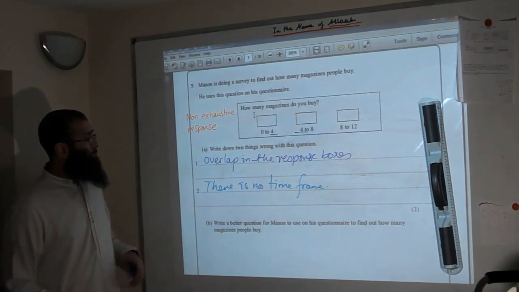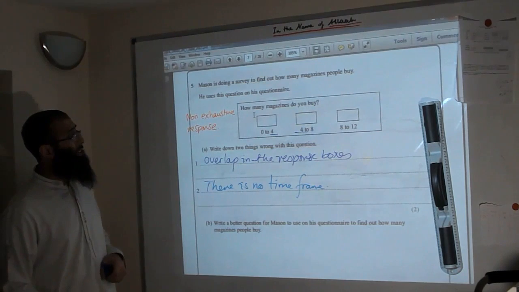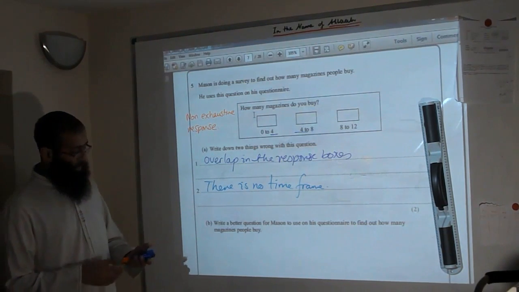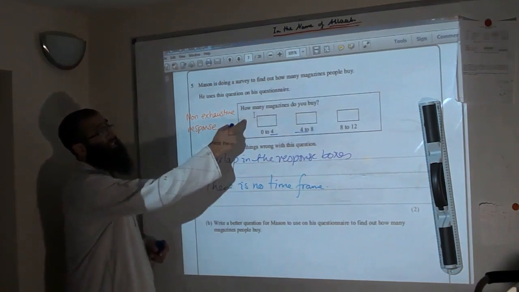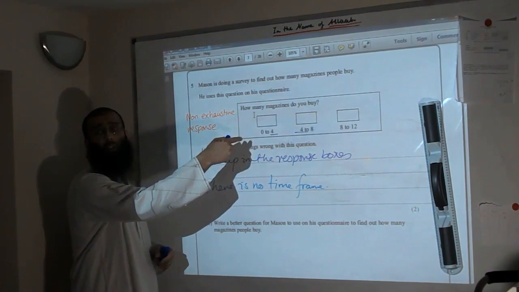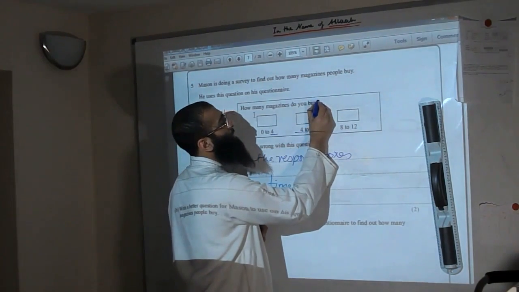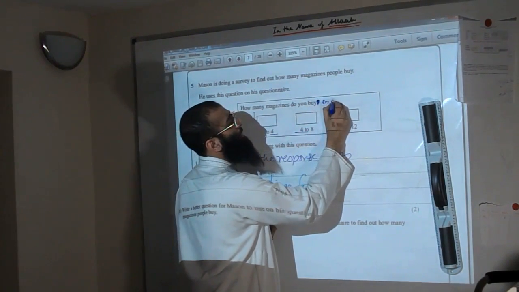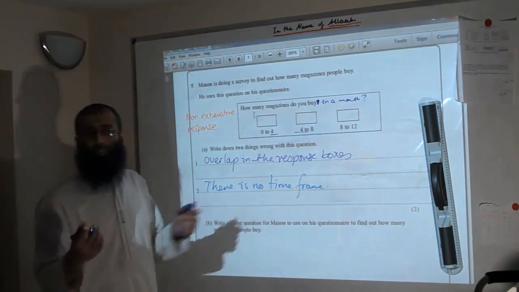Because the question says write a better question for Mason to use on his questionnaire to find out how many magazines people buy. So we could ask the same question, I'm just going to modify this one now. So how many magazines do you buy in a month? For example, that's the time frame.